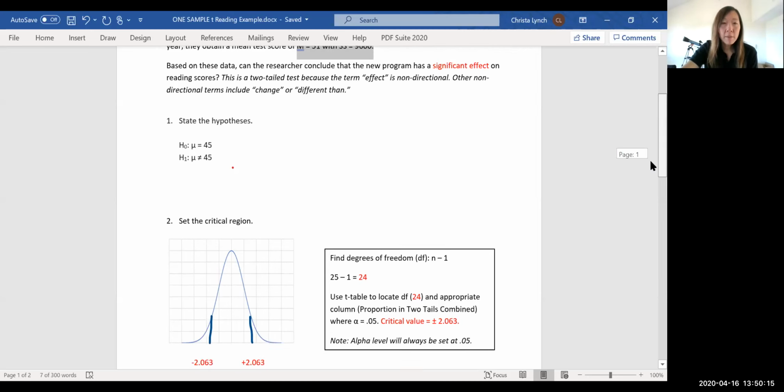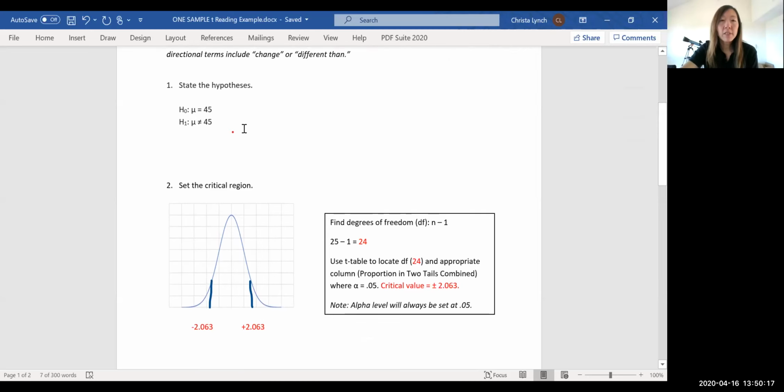The first step is to state the hypotheses. This is how the null hypothesis is stated, and this is how the alternative hypothesis is stated. What I want to know is if my mean after treatment is not equal to 45.